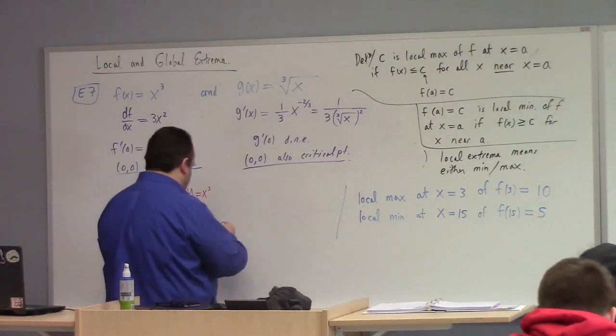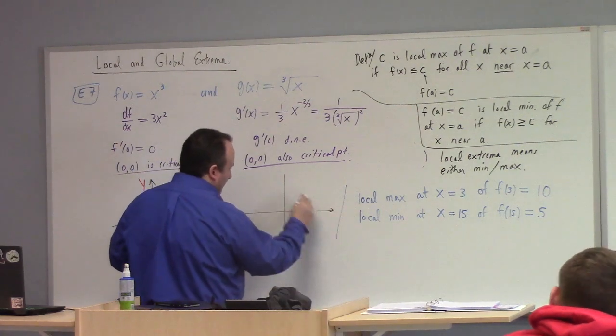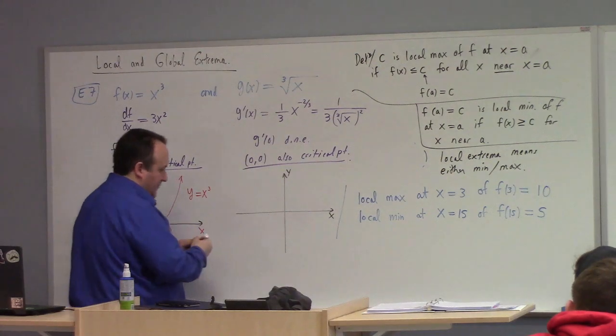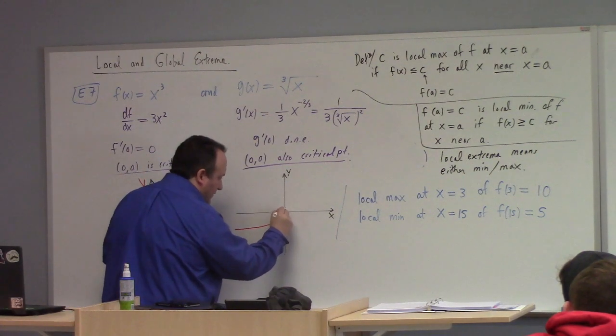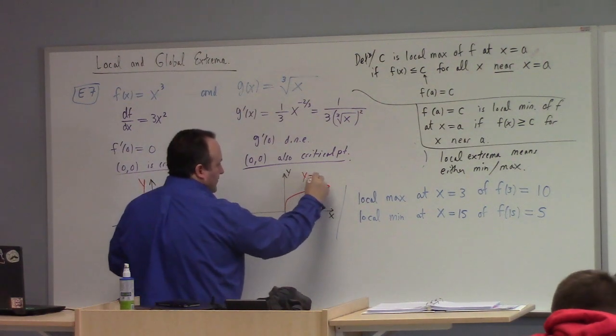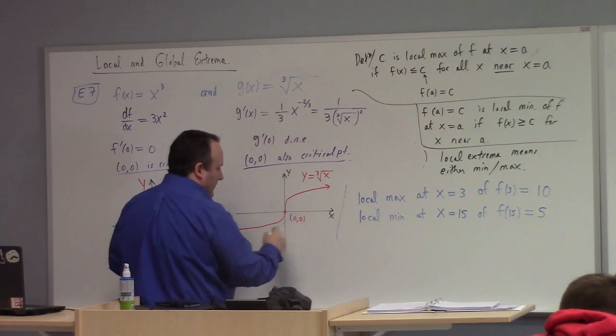What does the graph for the cube root look like? It's the same snake, but put sideways. There's your y equals cube root. Here's your critical point. Why was it a critical point?